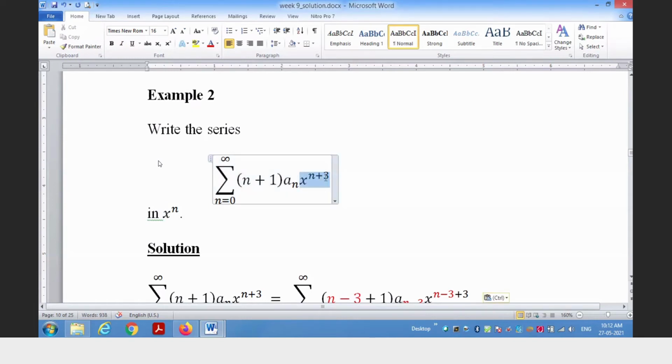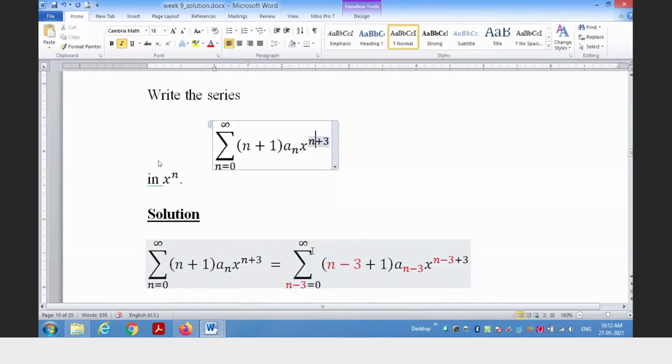Now we have to convert this into x power of n. That's why we need to replace this n with n minus 3, so that n minus 3 plus 3 will become x power of n. Can?